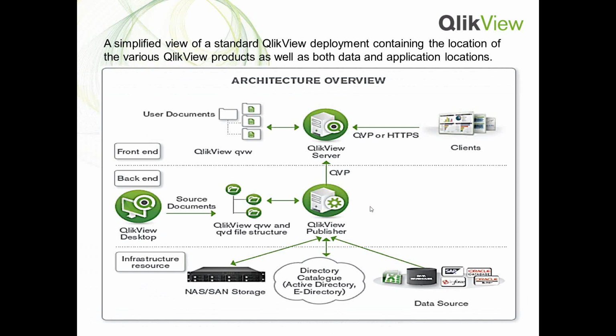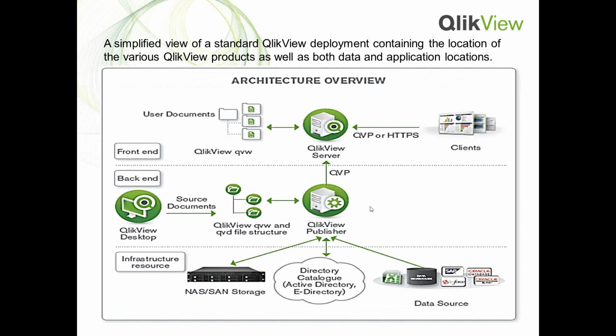So it will run the QVWs, execute the script in the QVWs and refresh your data. Let's say we have one layer 1 QVW, so we can load it into publisher, schedule a task for it, and run it at a scheduled time.